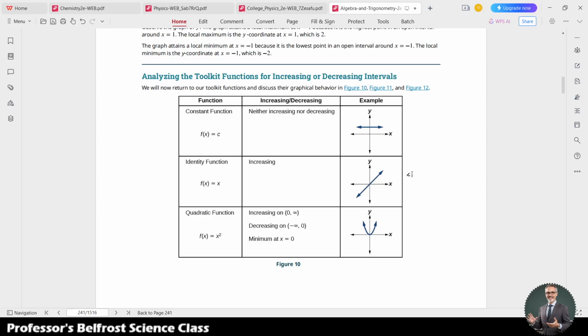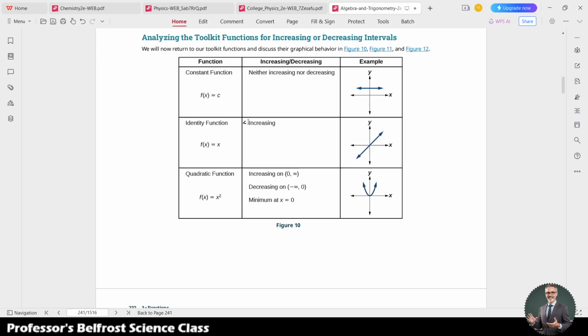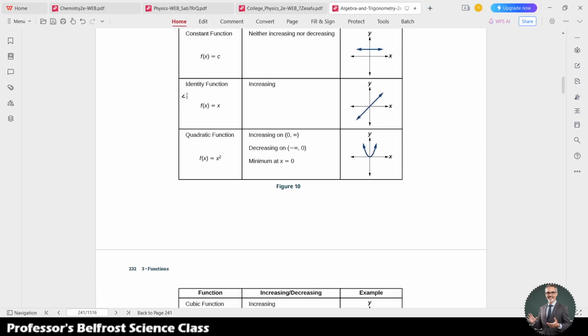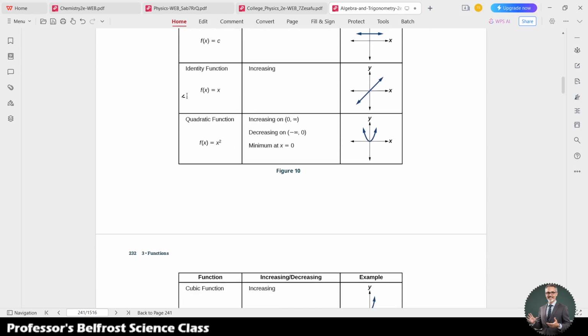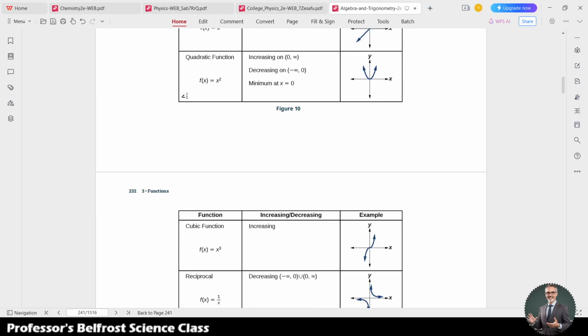Now you can see here a toolkit for graphical behavior. A constant function is neither increasing nor decreasing. The identity function is always increasing. The quadratic function is increasing on the range of 0 to infinity and decreasing on the range of -infinity to 0, and the minimum is at x equals 0.